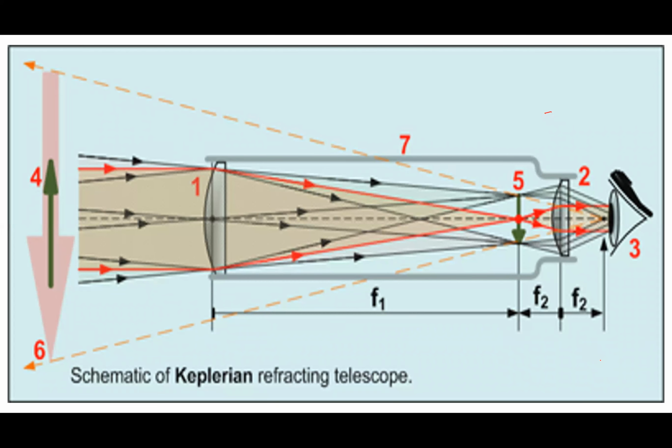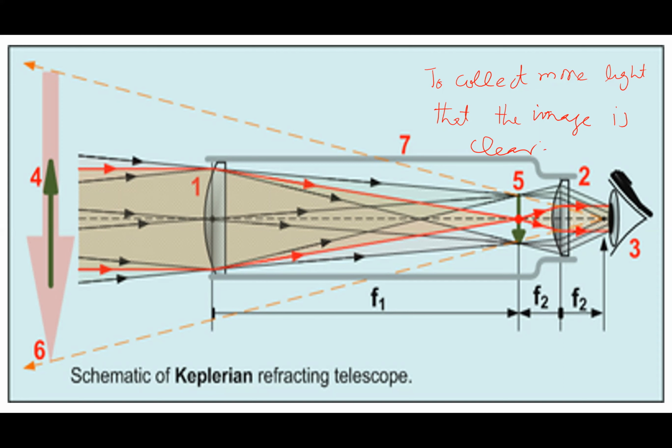Objective lens is of larger focal length to collect more light from distant object, so that the image is clear.